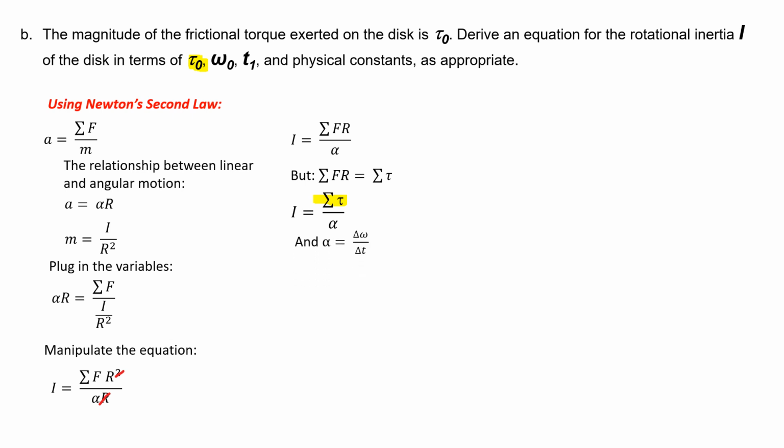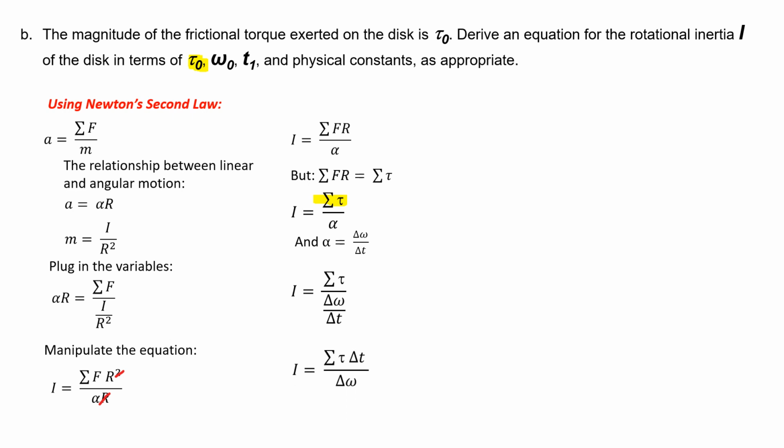Acceleration is simply the change in angular velocity divided by the change in time. So let's plug in that value. Now we have I equals the net torque divided by delta omega over delta time.